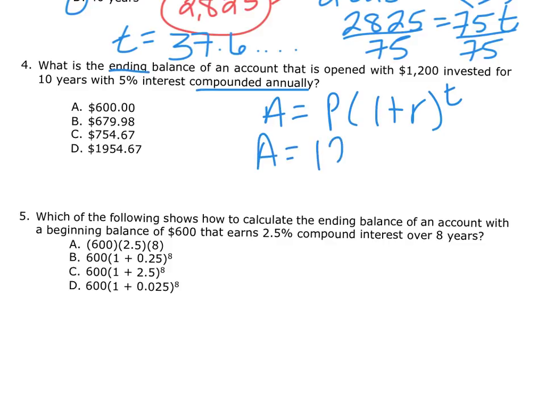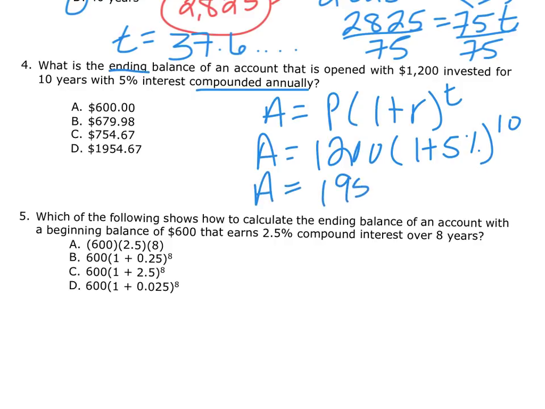That's 1,200 times 1 plus 5% to the 10th power, which gives us 1,954.673. So that rounds to D, 1,954.67.